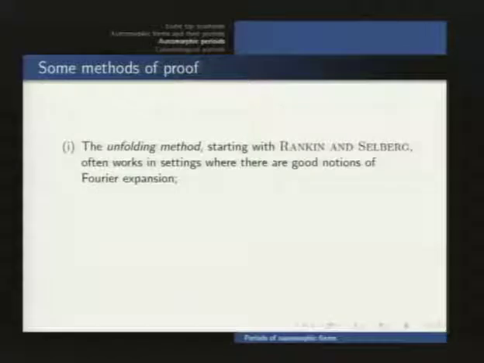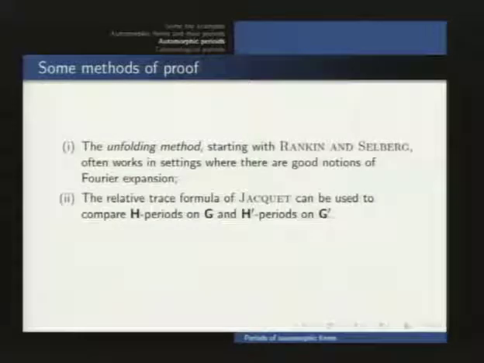On the other hand, the Kottwitz part of the Tamagawa number story also has an analog here due to Jacquet, who pushed the subject forward enormously in the 90s. He developed an analog of the trace formula. The usual trace formula is very complicated, but you can compare two groups in an effective way. The relative trace formula of Jacquet compares periods on two different groups.